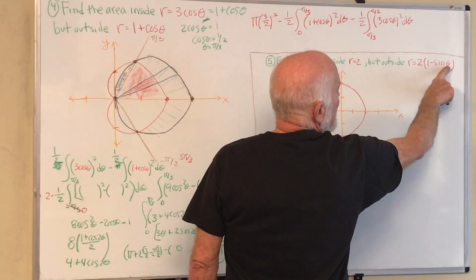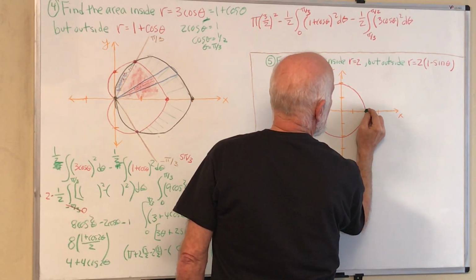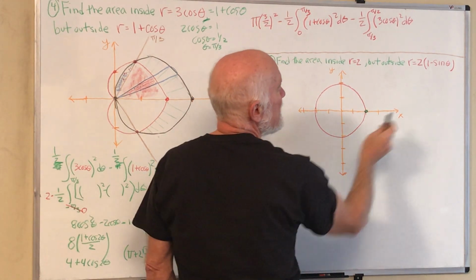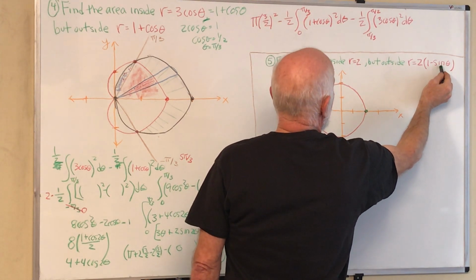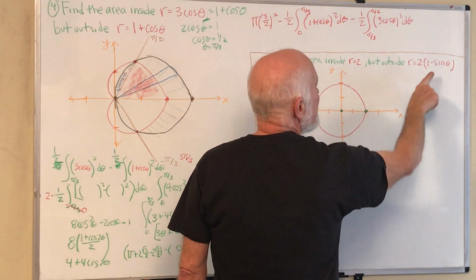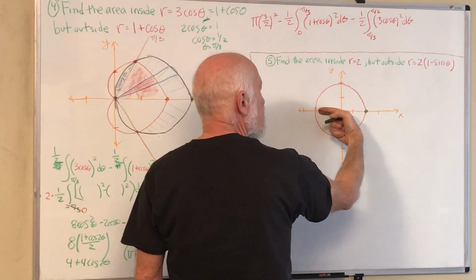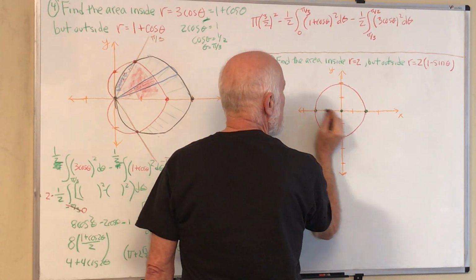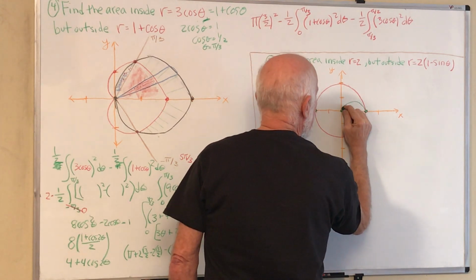When I put in 0, I get 2. When I put in pi over 2, I get 0. And when I put in pi, I'm back down to 2. So pi goes out this direction, I go out 2.